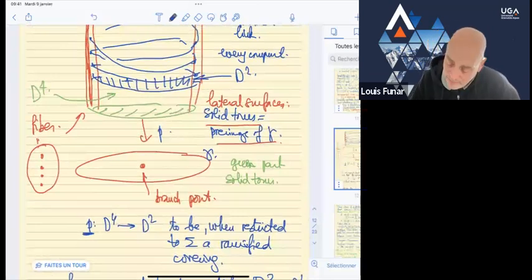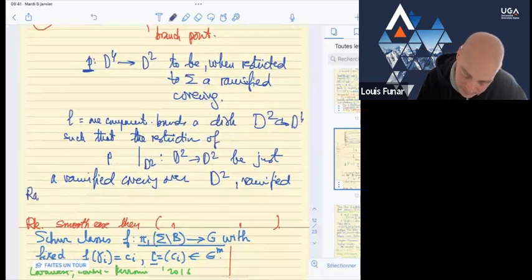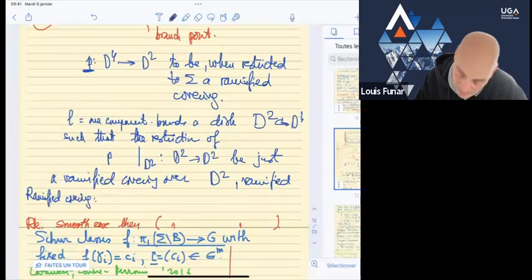What is a ramified covering? It's a map without folds.